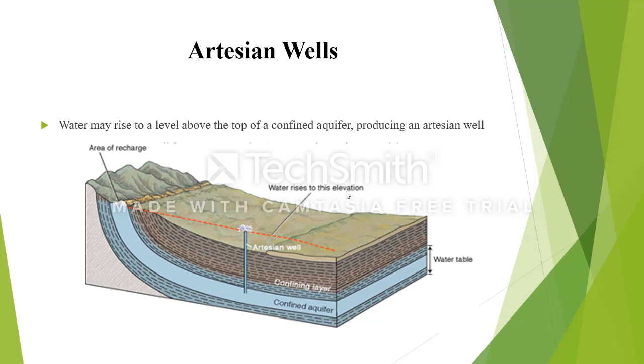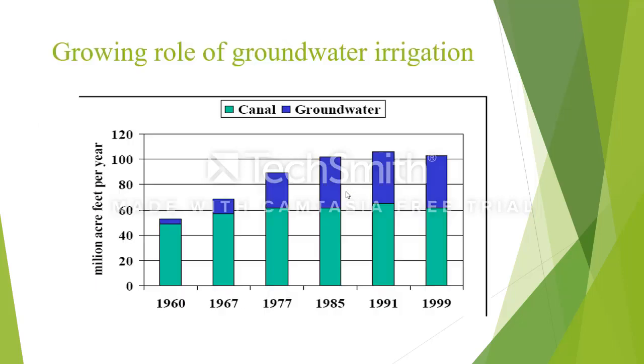In this figure we show the area of recharge at the top, and the water rises to its level. When the water rises above the water table, that is called an artesian well.